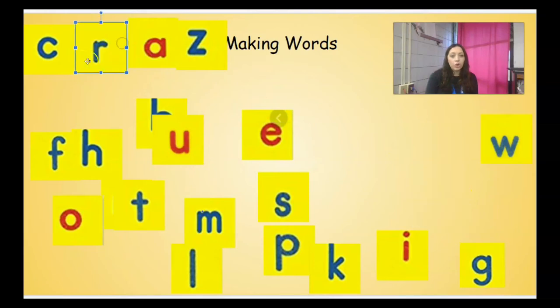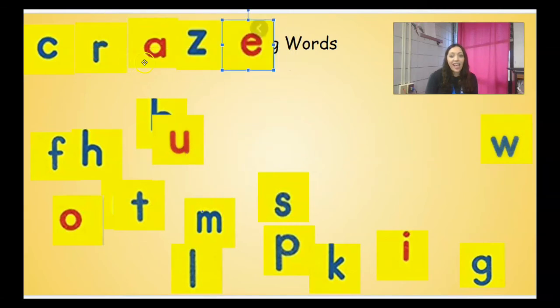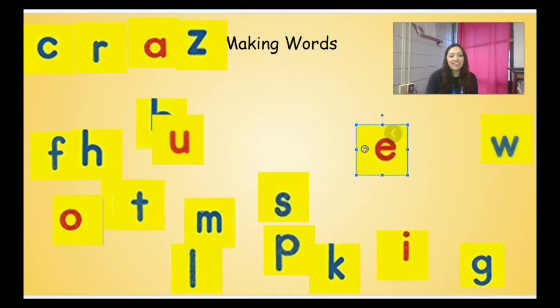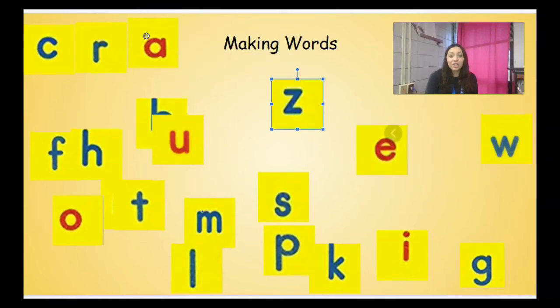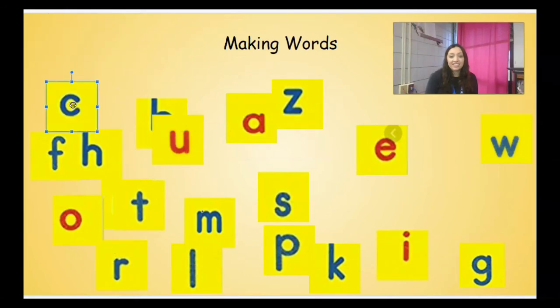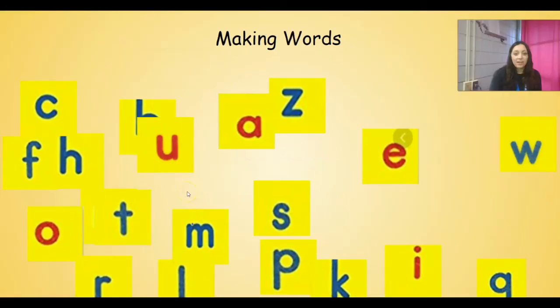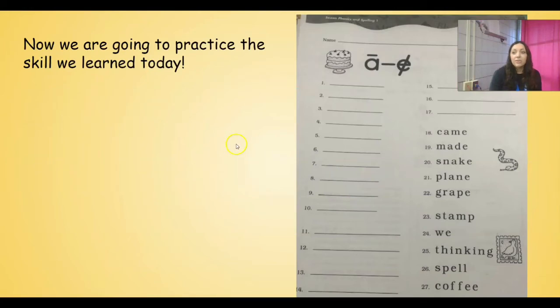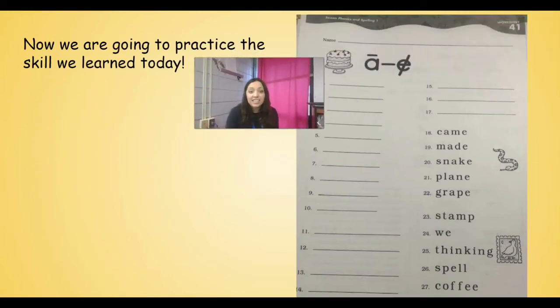And I've got craz. But if I put that E at the end, now I've got craze. Very good. All right, guys, awesome job changing those CVC words to CVCE words. All right. So now we're going to go ahead and move to Seesaw so we can practice using that A sneaky E pattern.